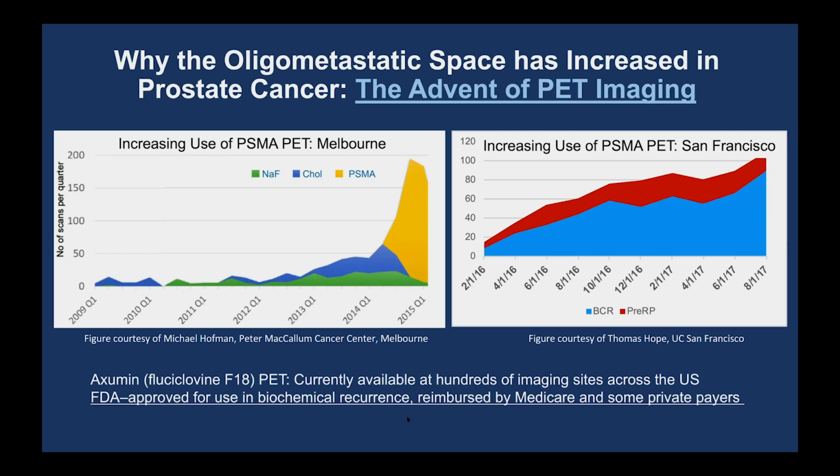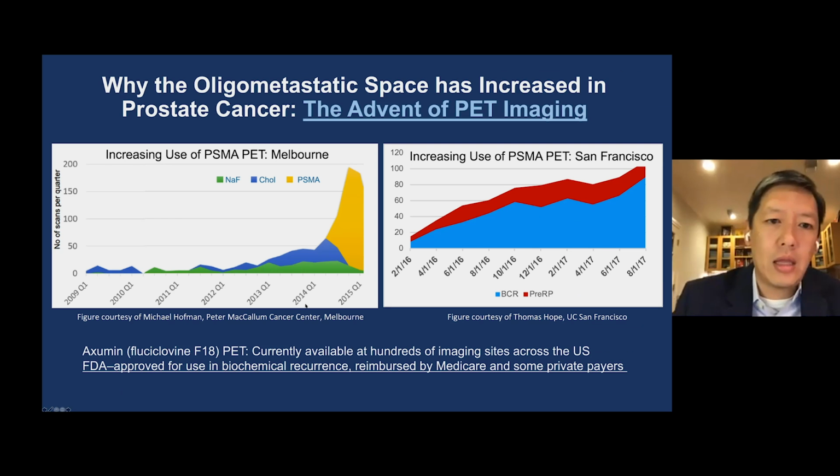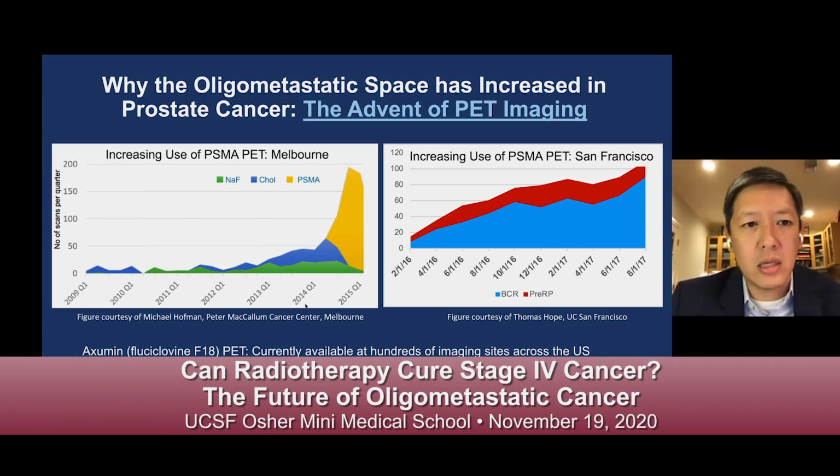There's a form of imaging called PSMA, or prostate specific membrane antigen PET. This is a PET scan that picks up a protein that's really only found in prostate-related tissues. This was first popularized abroad, in Europe and Australia.